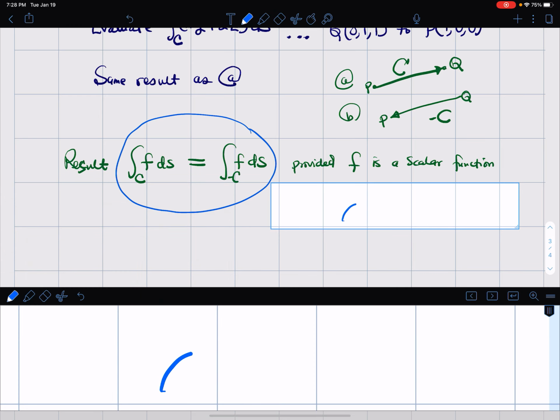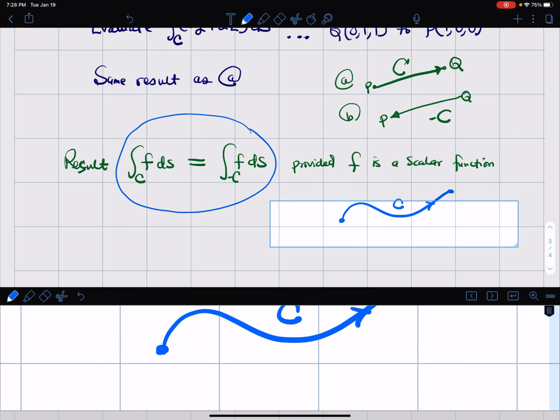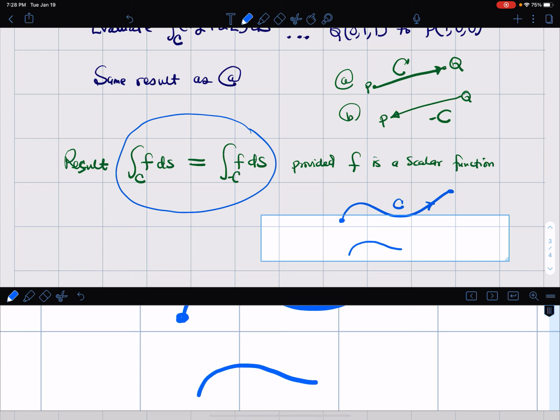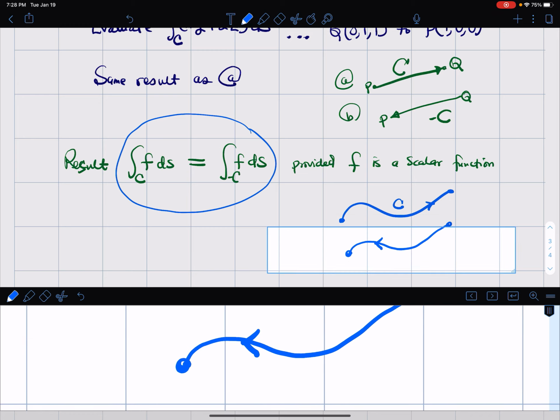Assuming you have this line, as long as it's a smooth line, right? And this direction is C, and you have the same line, but you're now going this direction, negative C. It doesn't matter the path, you'll get the same thing. That's all I'm trying to say.